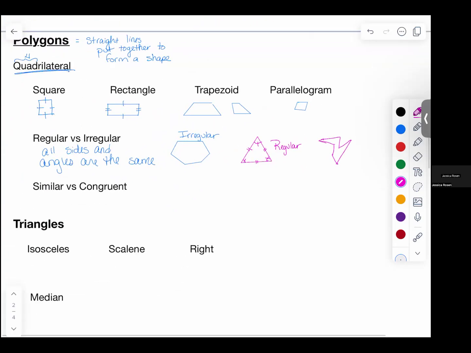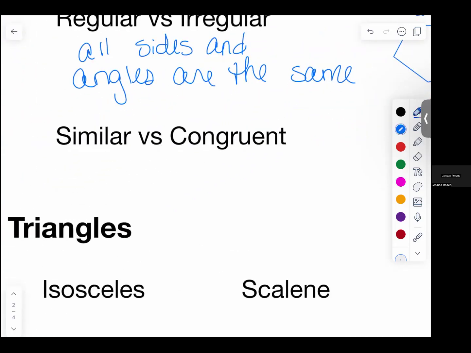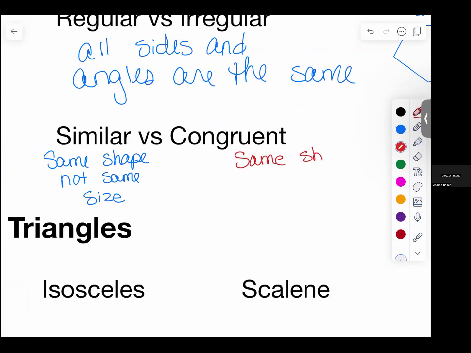Then we have similar versus congruent. Similar is going to be the same shape, not the same size. And congruent is going to be the same shape and size, because again, we already said that congruent means equal.